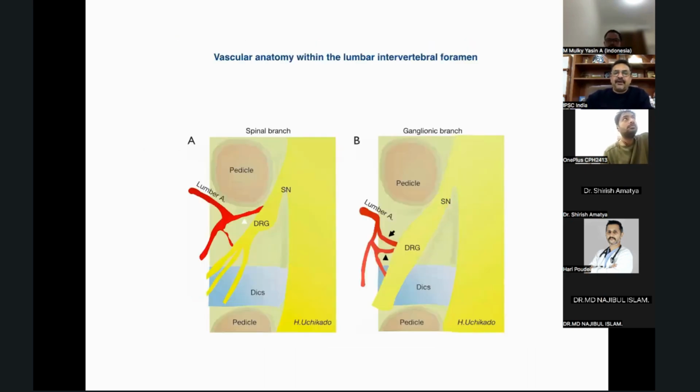Inside the foramen, we know that there's a spinal artery, the spinal branch and the ganglionic branch. The spinal branch goes along with the nerve root and enters the spinal canal, and this is the ganglionic branch over here.